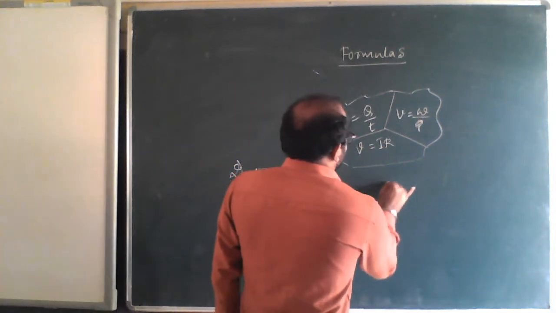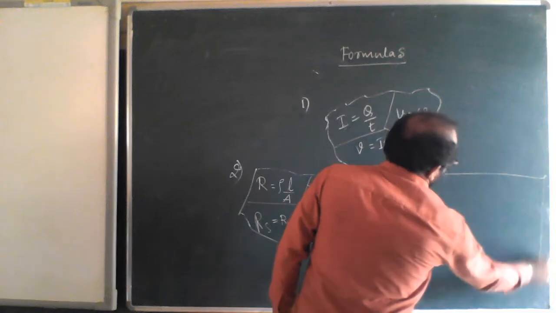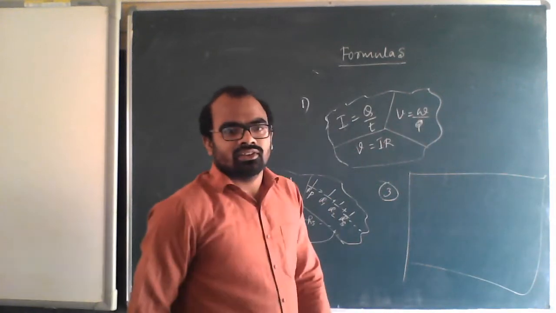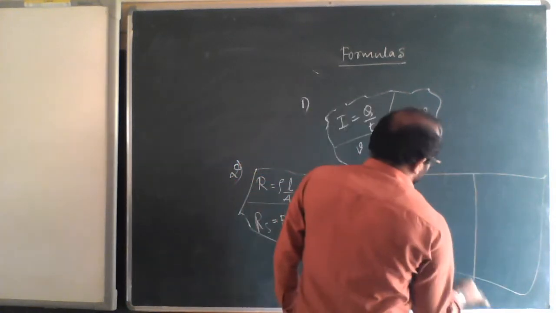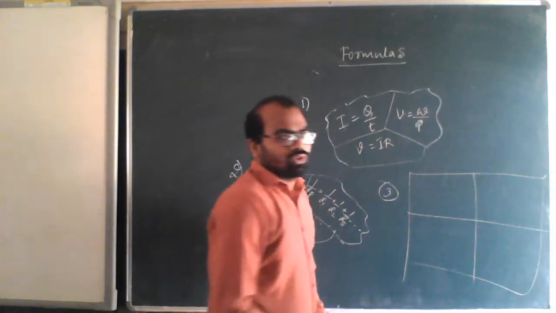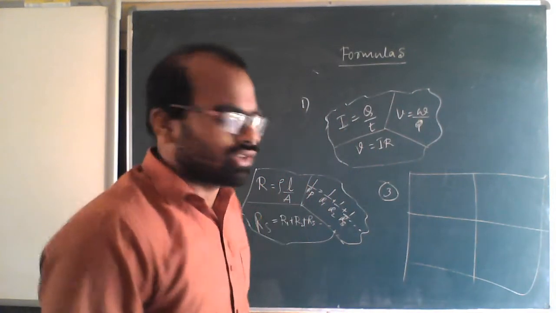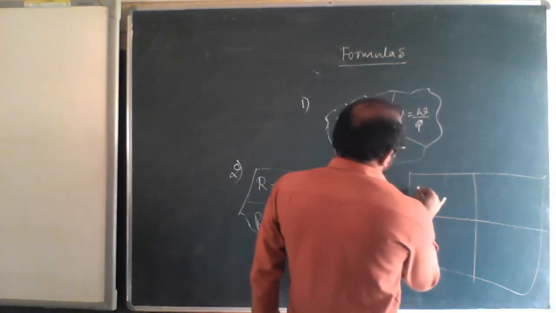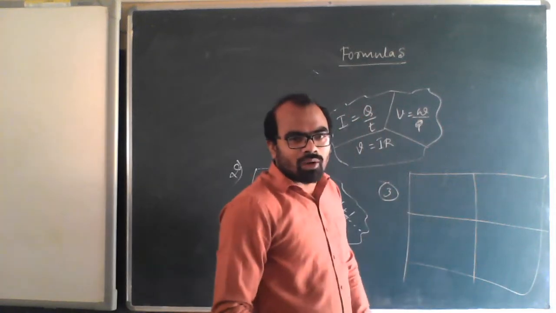So the third group you can make like this. I am drawing a rectangle here, and you can make four formulas out of this. Which are those formulas? The heating effect of electric current and power.